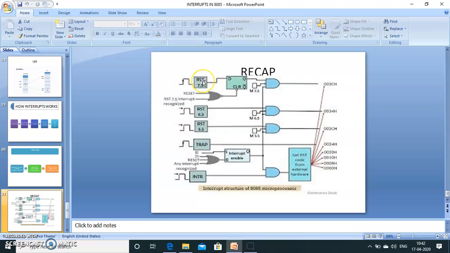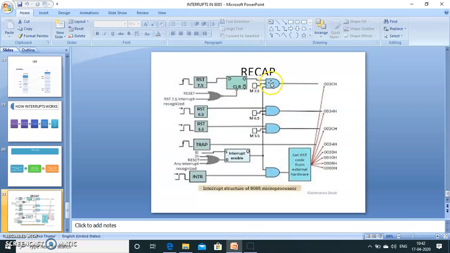In the case of RST 7.5, it is stored in a D flip-flop, and it is cleared by using the reset bit in the SIM instruction. It is also cleared if an RST 7.5 interrupt is recognized. At that time, clear becomes high.